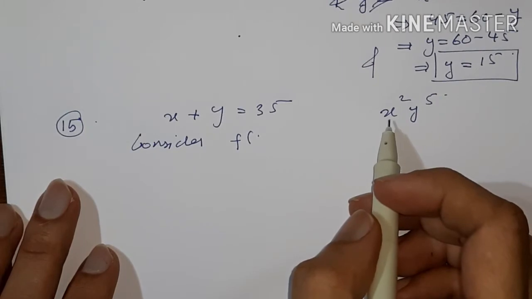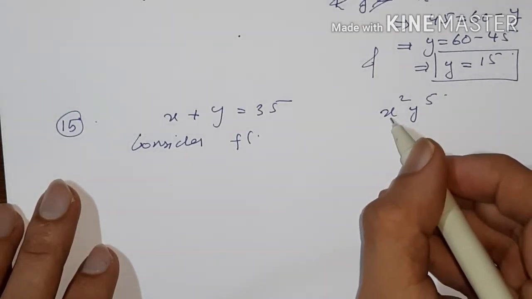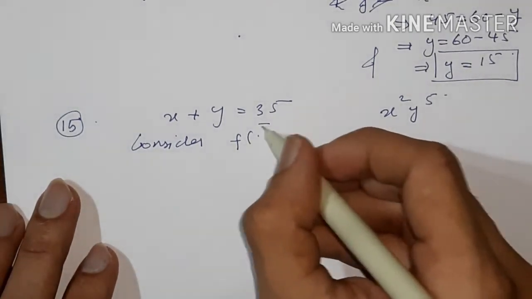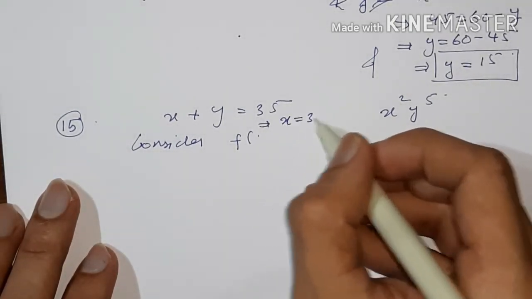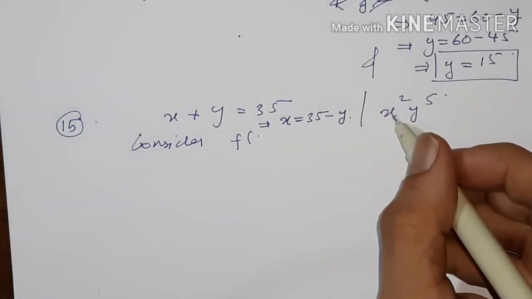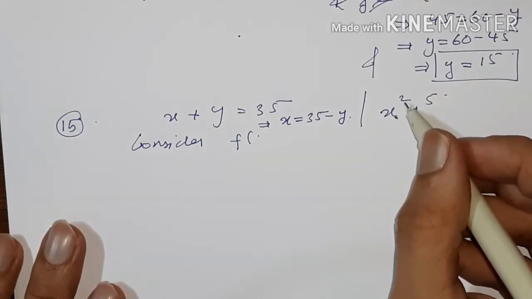So what we can do is substitute x as 35 minus y, because then this will be small to calculate. 35 minus y the whole square.